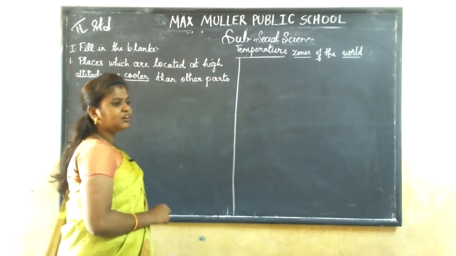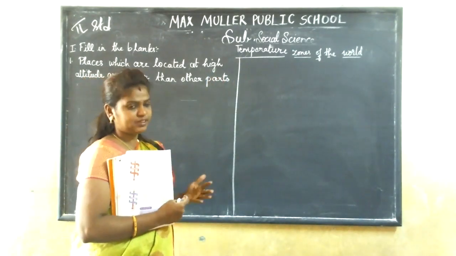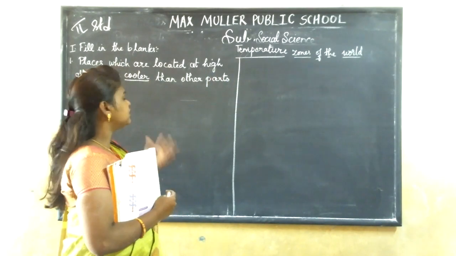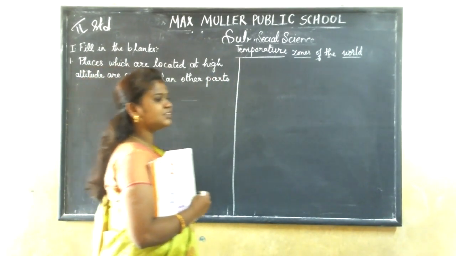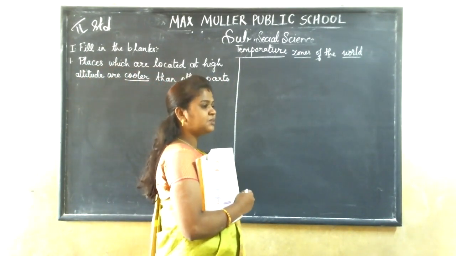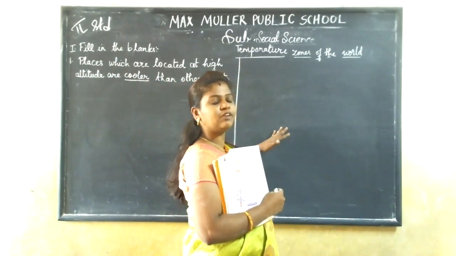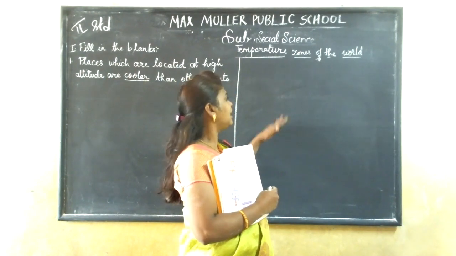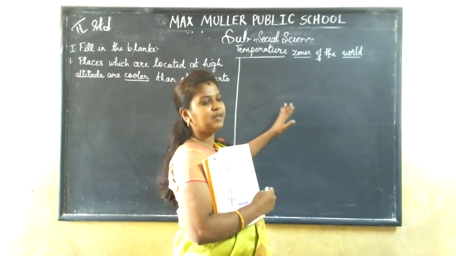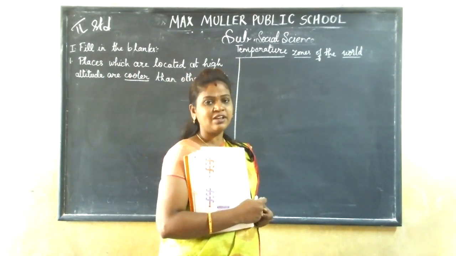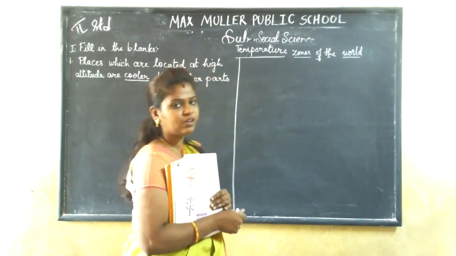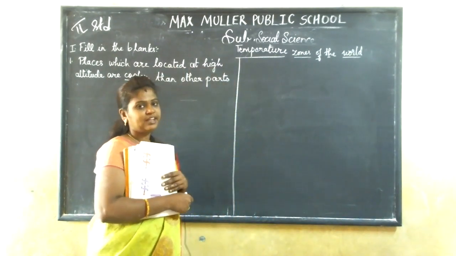You feel somewhat hot or sweaty. The places like Ooty and Kodaikanal, when you move to the hills, higher and higher, the places become very cool. The places will be much cooler when you move towards a higher altitude.